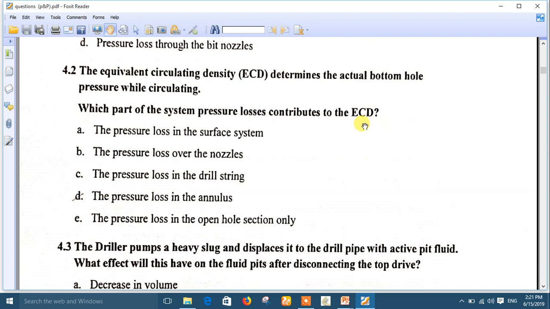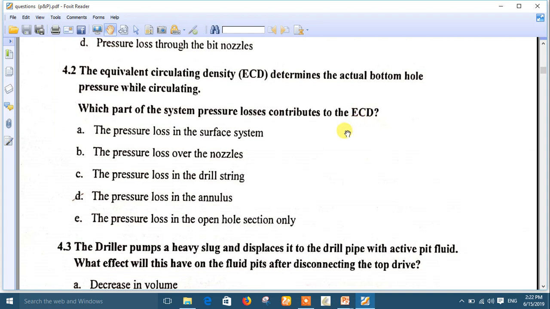So the surface lines have partial losses of plus or minus 5%, then the drill string or the drill pipes plus or minus 10%, and then the drill collars also because they have narrow ID, and then the bit nozzle, where plus or minus 50% of the pressure is lost, and about 15% or plus or minus the rest in the annulus.